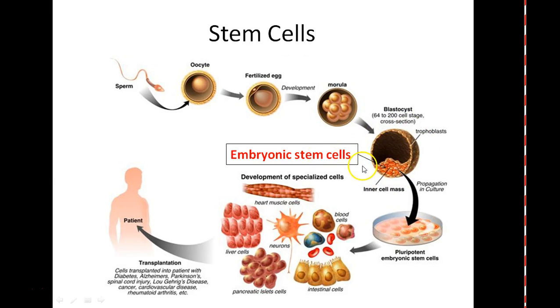They are found only at this stage of blastocyst, which is very early embryonic development. This is 6 days post-fertilization, and this inner mass of cells are embryonic stem cells. And all of the cells in our body were derived from this mass.